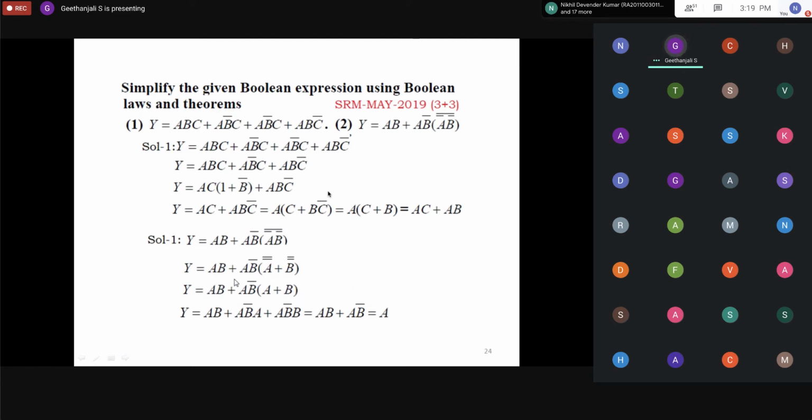Then here A B dash. Then this multiplication you are splitting means addition. Finally y is equal to A.